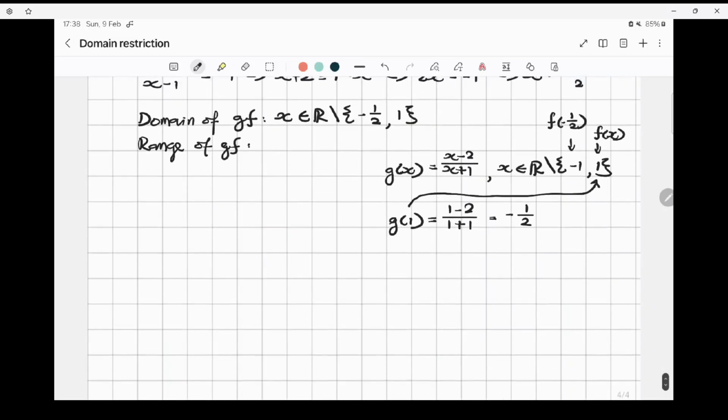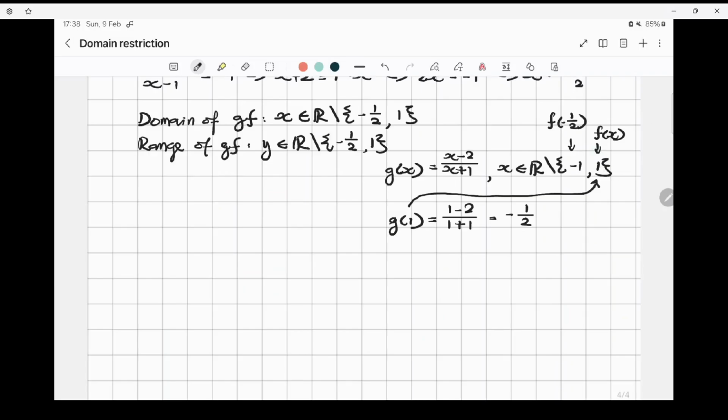So you work out for this particular point, you actually need to avoid minus 1 over 2 as well. So it means that the range of gf is minus 1 over 2. So you need to avoid minus 1 over 2 because you already excluded the point 1 from f of x.